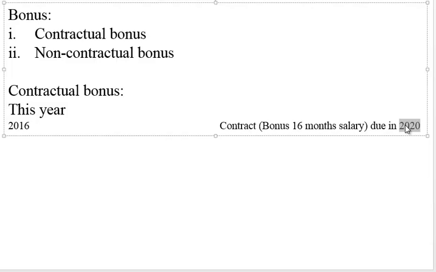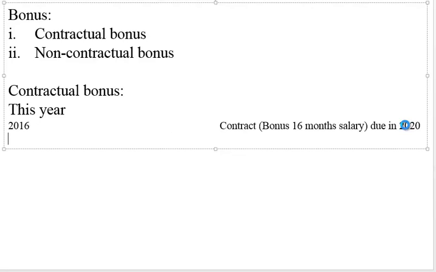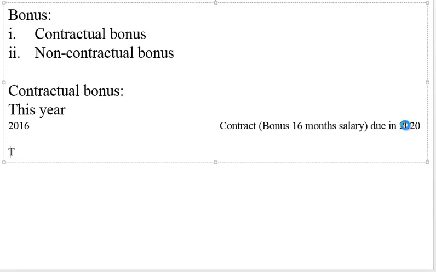Will I be taxed in 2016? No. 2017? No. 2018? No. When it is 2020, it is taxable, even if I get paid maybe after 1 year or after 6 months or whatever. So this bonus is taxable according to the date mentioned in the contract. If it's every year, then every year is taxable.